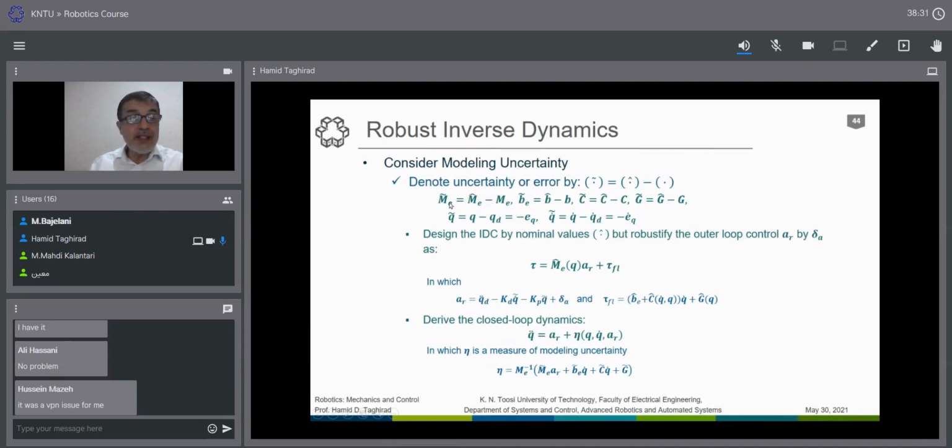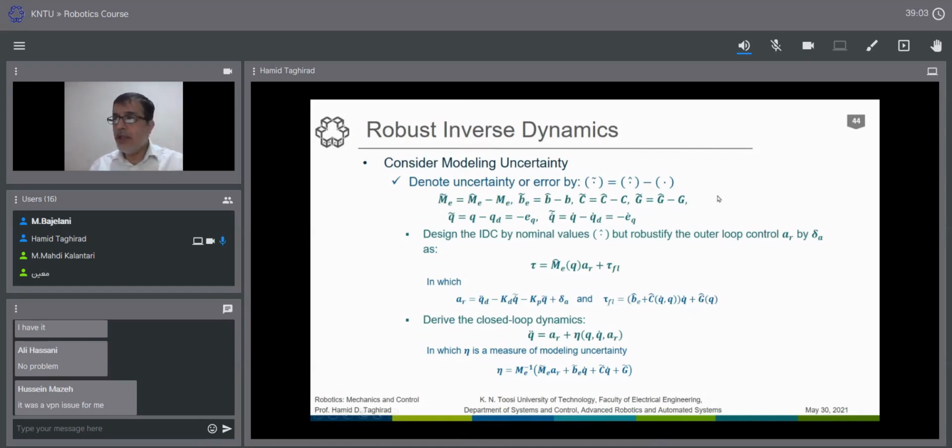We don't know the exact value of M, but we can find some bound. We know, for example, that M minus M hat has 10% error, if we consider it very simply. So this means that we have 10% uncertainty remaining in the system, or maybe 100%. If we have 100% uncertainty, this means that the system is quite uncertain and it is quite difficult to design.